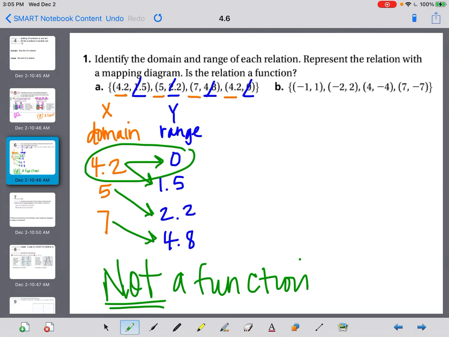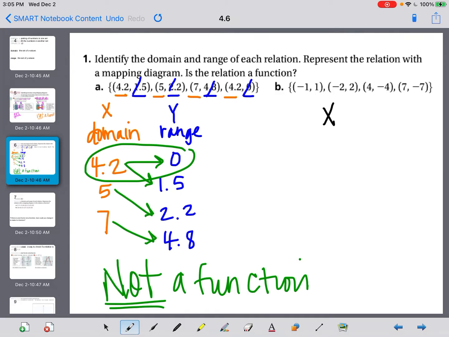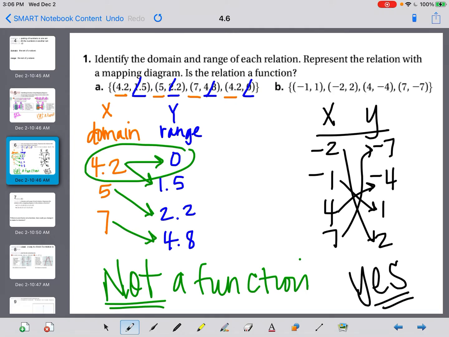Here's a good place for you to pause it and make your mapping diagram and decide if letter B is a function or not, and then come on back and check your work. This one is a function.